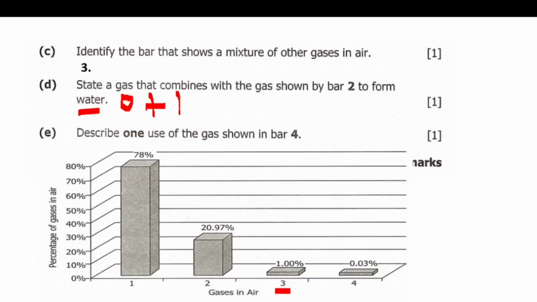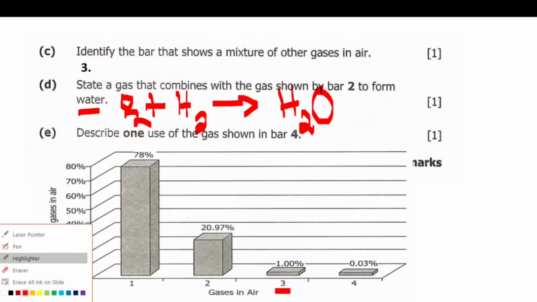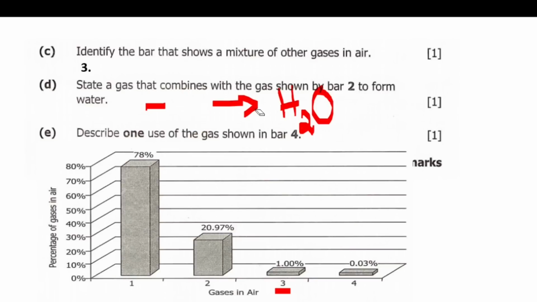When oxygen, O2, combines with hydrogen, H2, they form H2O, which is water. So the gas they need you to state is hydrogen.